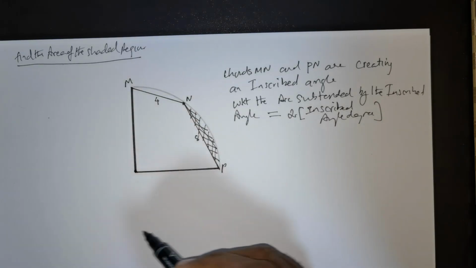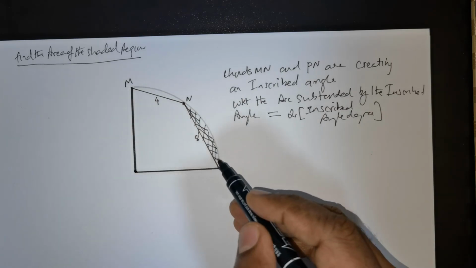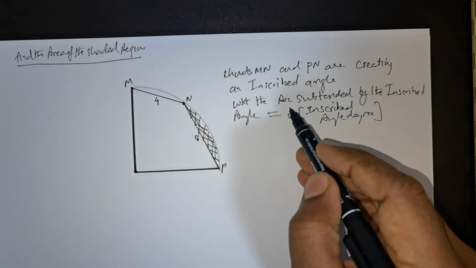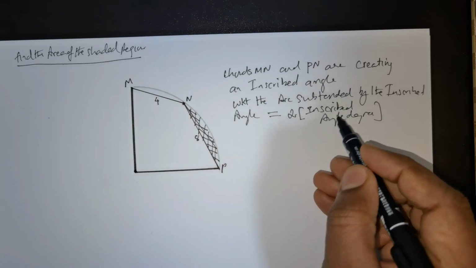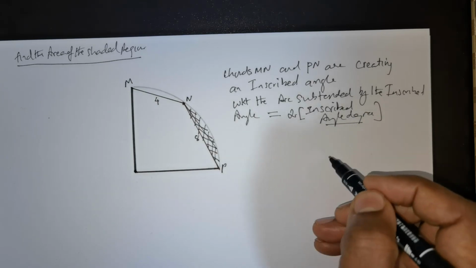So the measurement of the arc will be twice the measurement of the inscribed angle, right?